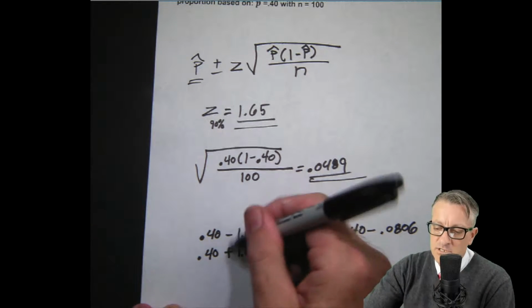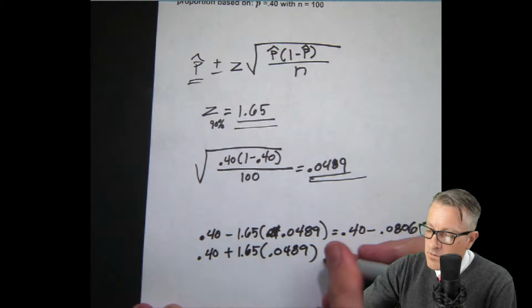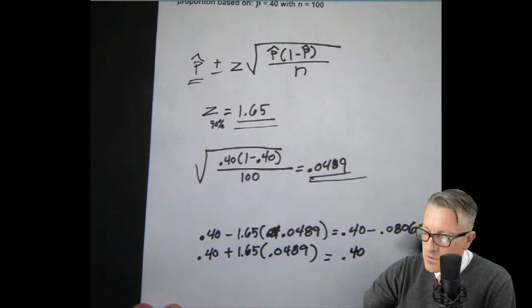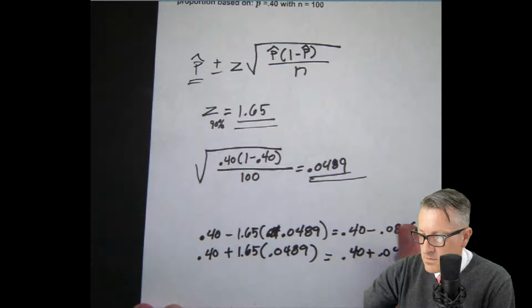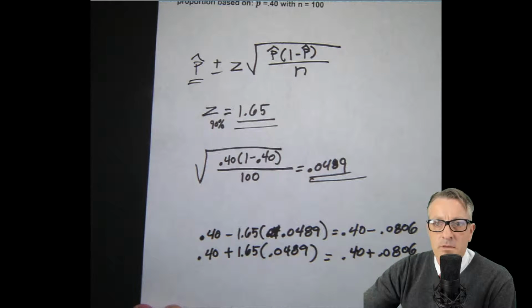The only thing that we're changing is the plus and the minus. And we end up with 0.40 plus or minus 0.0806.